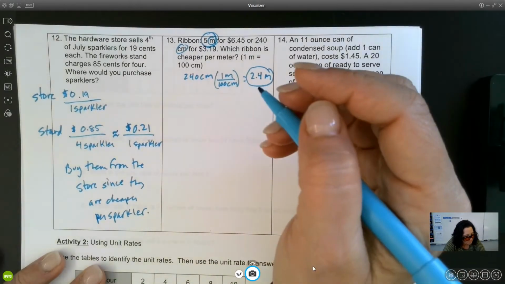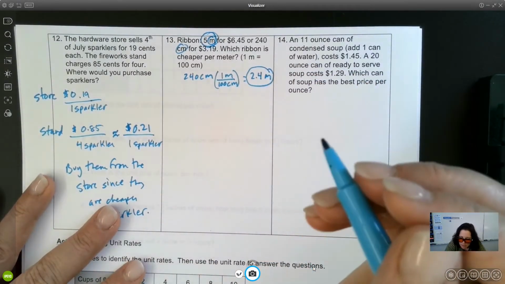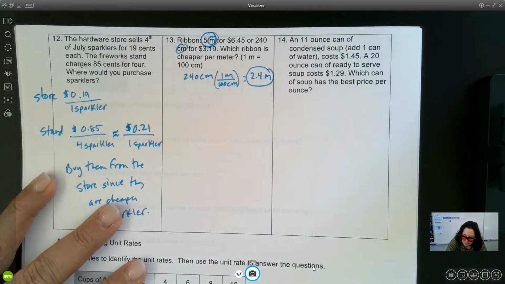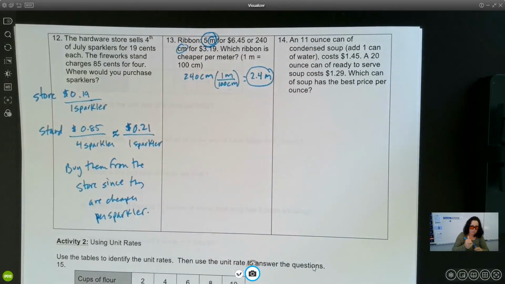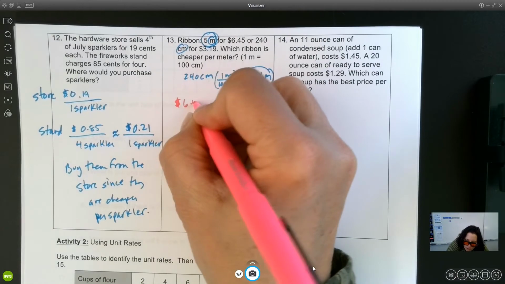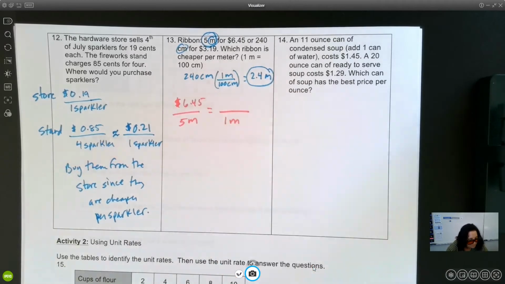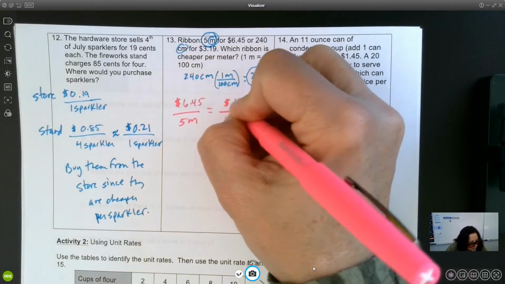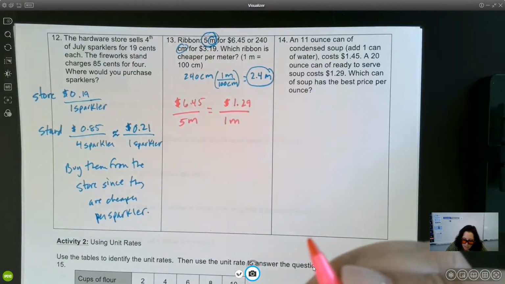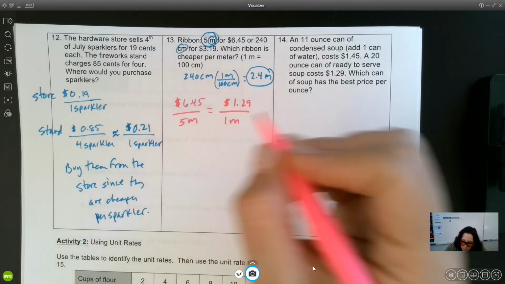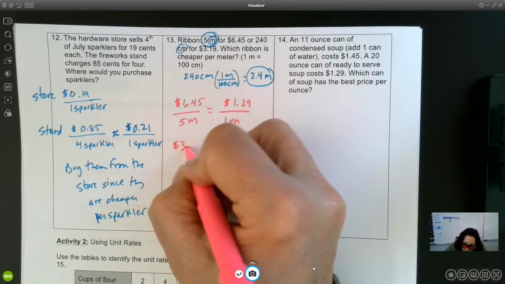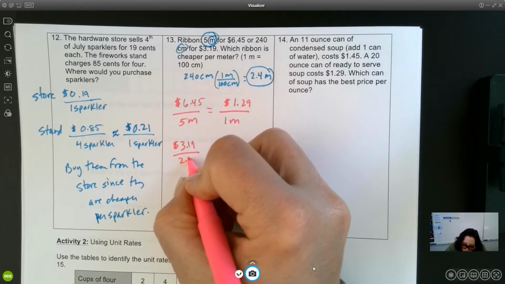Okay, all right, so we've got the $6. I'm going to put money on top. Doesn't matter which way you put it. Let me change it to pink so it doesn't blend in with that one I just did. So $6.45 for 5 meters. That gets us, when I put it in my calculator, I got $1.29. Okay, and then the other deal was $3.19 for 2.4 meters.